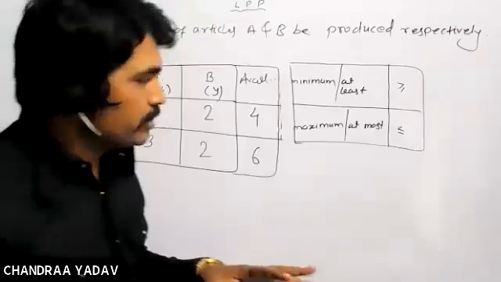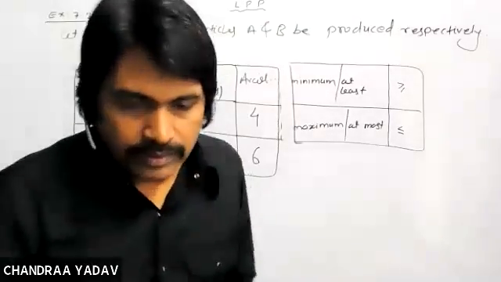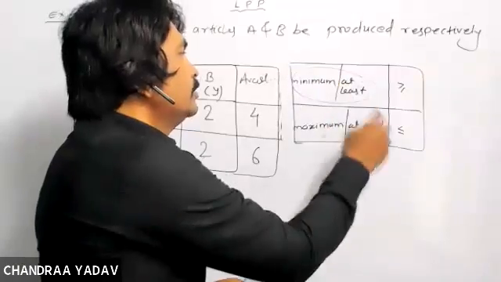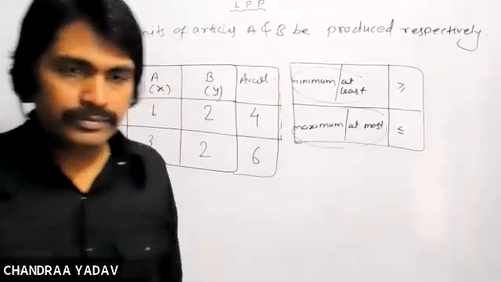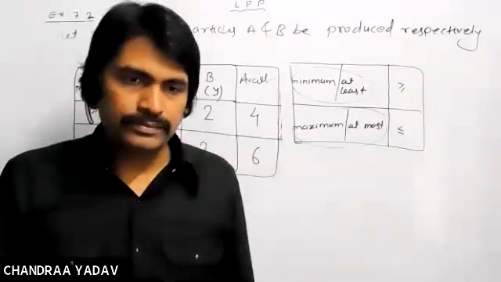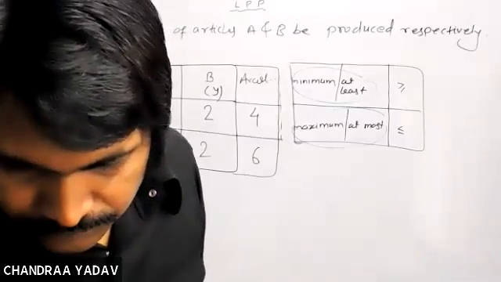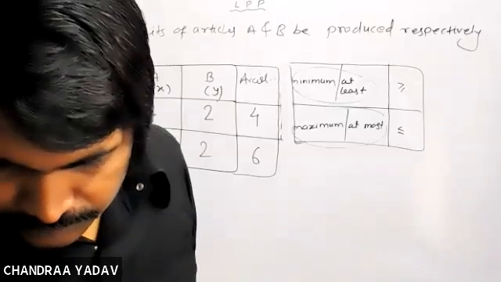Okay. Now here in this question, they have not mentioned anywhere either of these two terms. Is it clear? Yes, sir. Okay, but now listen carefully. Read the last line.